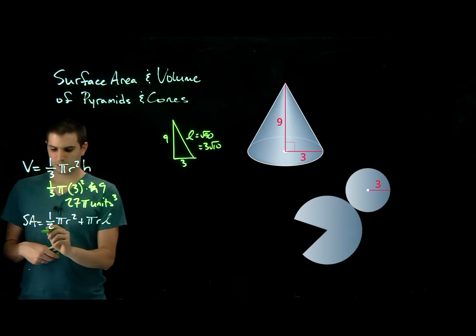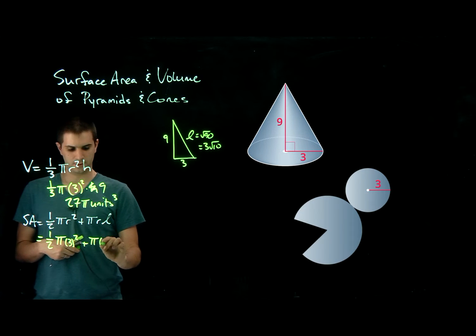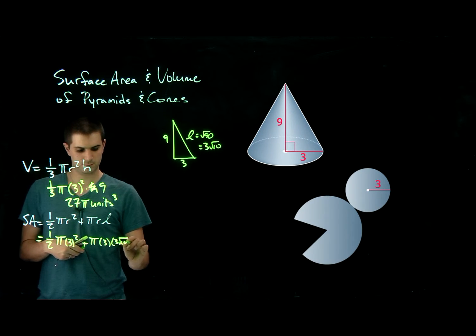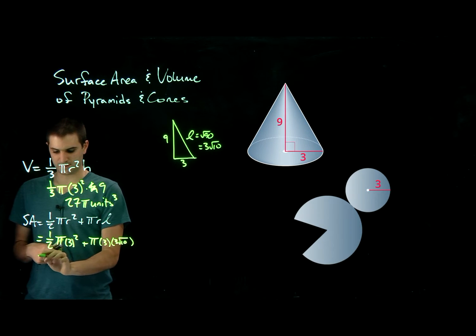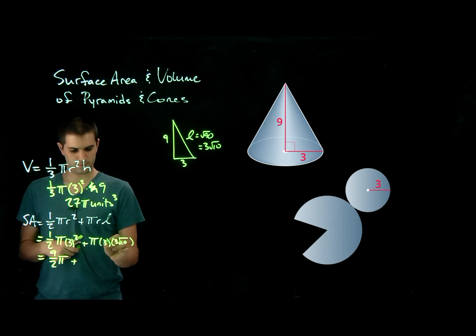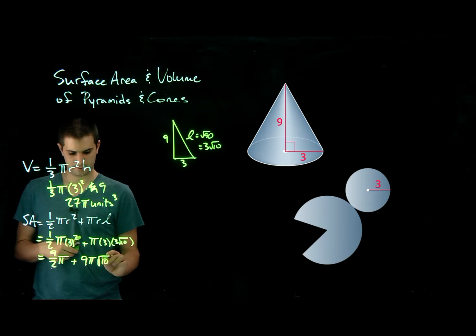So we have all our information. We have 1/2 pi 3 squared plus pi 3 times 3 root 10. From here we simplify. Half of 9 is 9/2. 9/2 pi plus, it looks like 3 times 3 is 9 times pi, so 9 pi root 10.